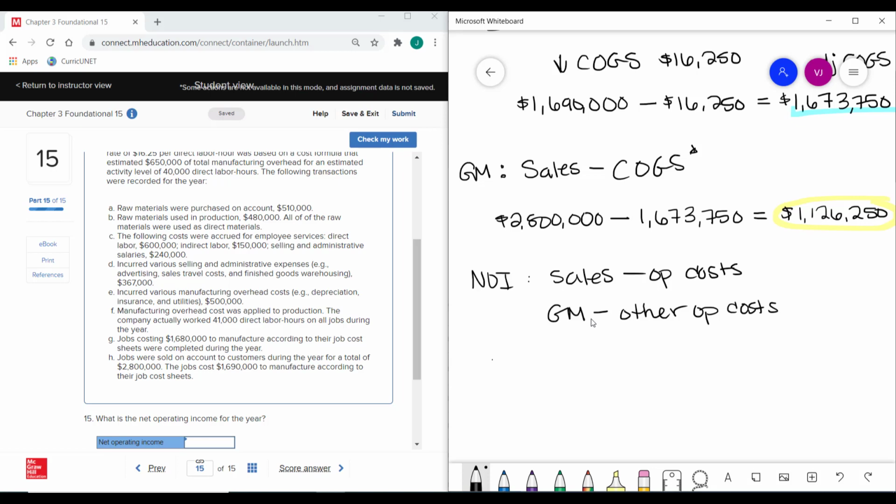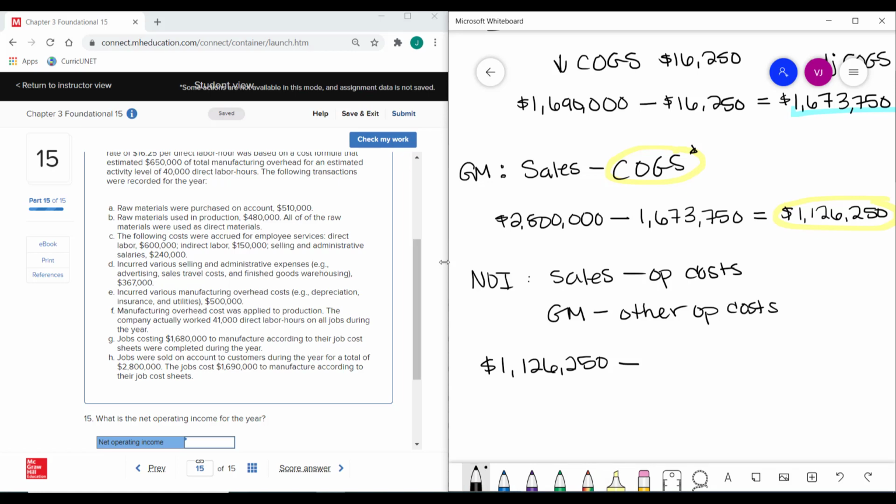Cost of goods sold. So we can simply take that gross margin, the money we have left to cover all the remaining costs, minus all the other operational expenses at this point, right? Because cost of goods sold is product cost, and the only costs we haven't yet subtracted are those period costs, so those expenses.